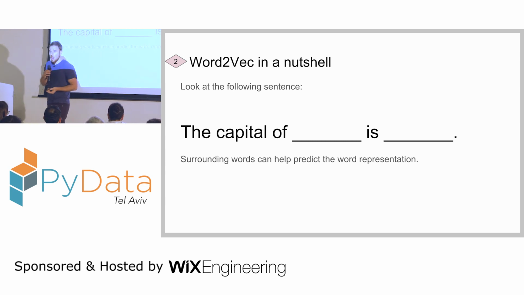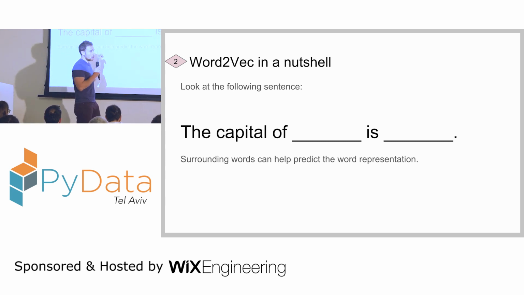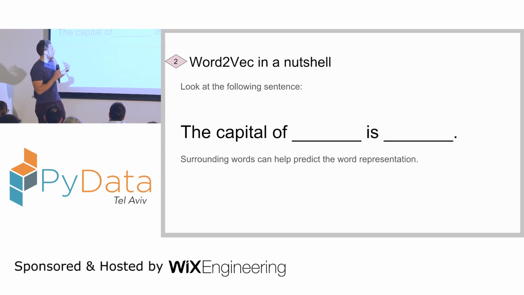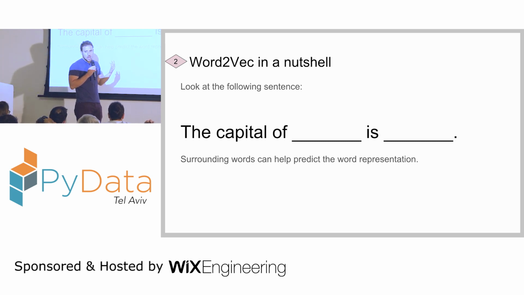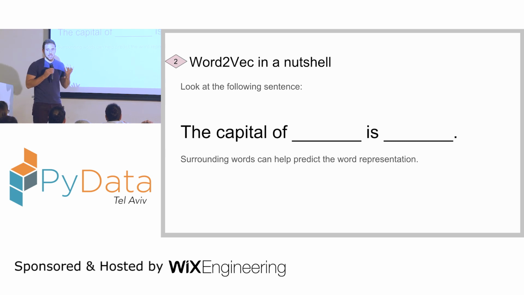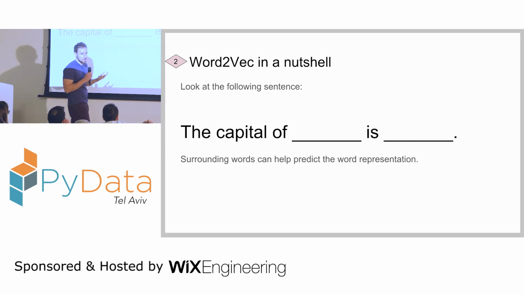Now we're going to talk about word embeddings, and to demonstrate this concept, we will use word2vec. Word2vec will not be the embedding that we would use in the workshop, but it's a good example. As humans, when we read this sentence, the capital of blank is blank, we know that the first blank is supposed to be a state or a country, and the second blank is a city, hopefully a capital city.